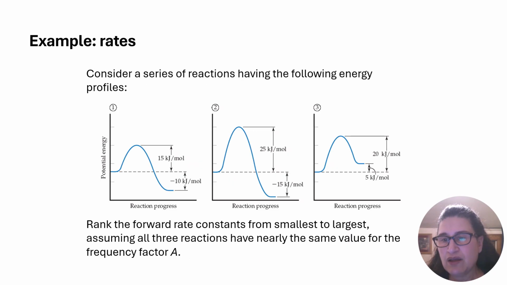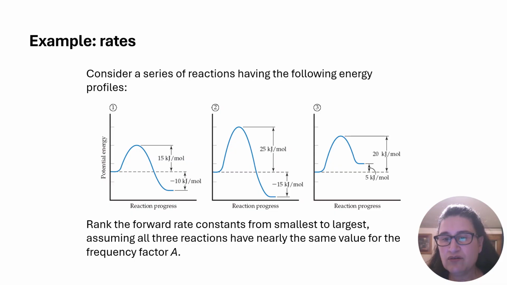All right, so in here we have three different reaction progress diagrams. They have differing activation energies. This one is 15, this one's 25, and this one's 20. They want me to rank the forward rate constants from the smallest to the largest, assuming they have the same value for the frequency factor.